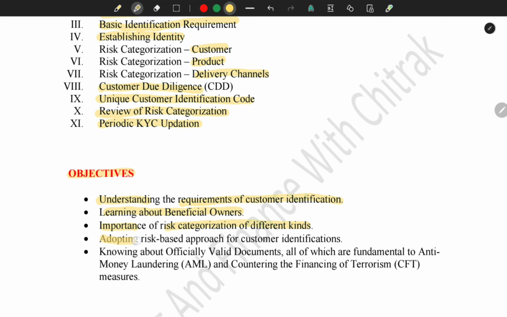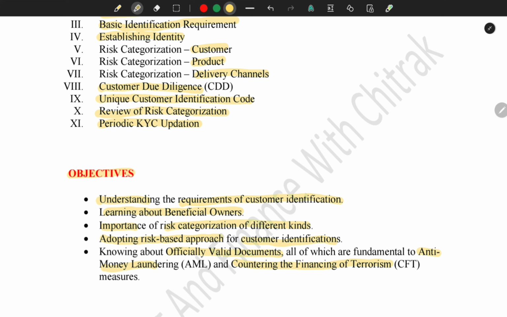Then we'll know about the adaptation of risk based approach for the identification of customers. We'll also learn about OVD or officially valid documents, which is a very fundamental thing for anti money laundering and countering the financing of terrorism.